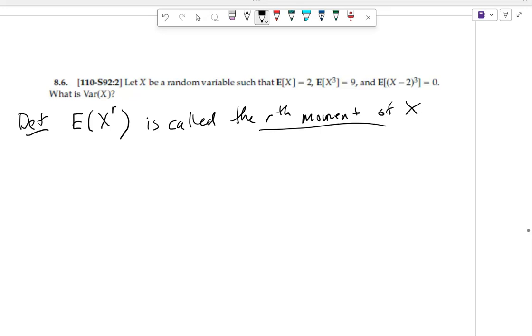So your expected value, your mean, is expected value of x, right? X to the first power. So this is your first moment.